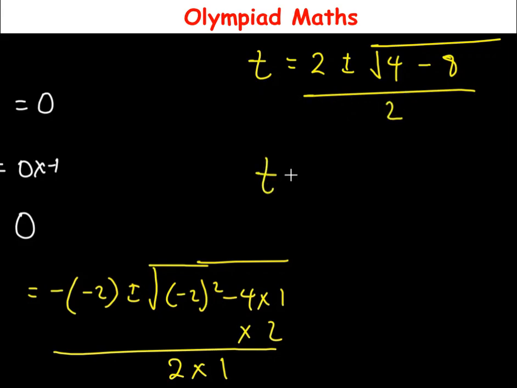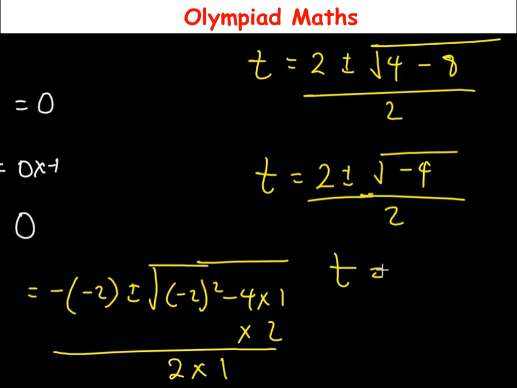From here, t is equal to 2 plus or minus square root of 4 minus 8 is minus 4, then all over 2. From here, t is equal to 2 plus or minus, we can write root minus 4 as root minus 1 times root 4, then all over 2.